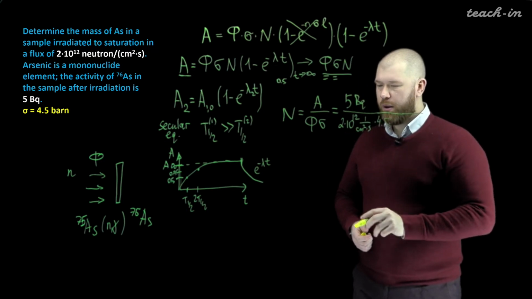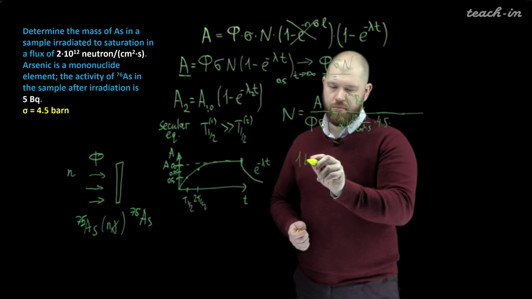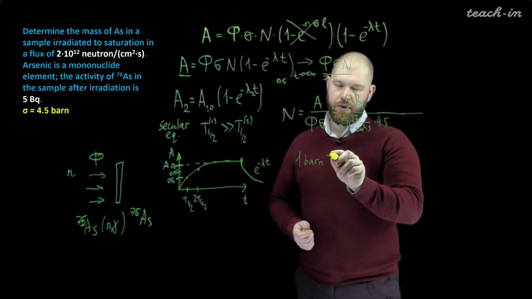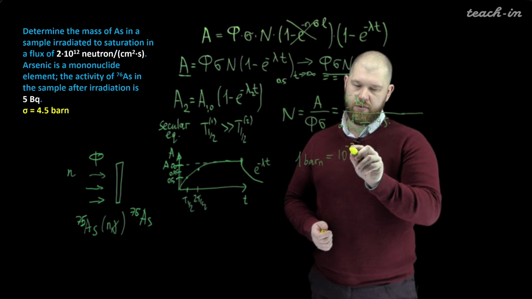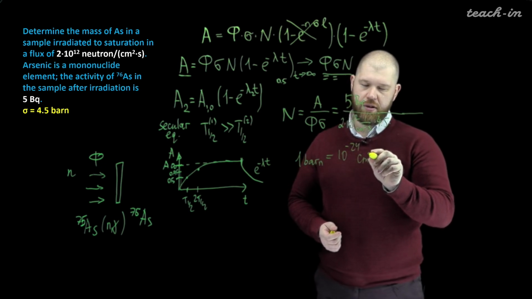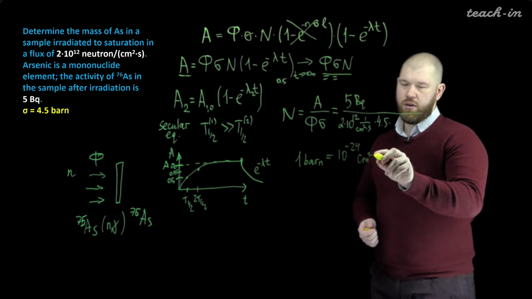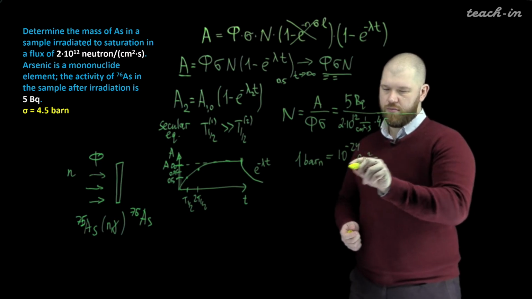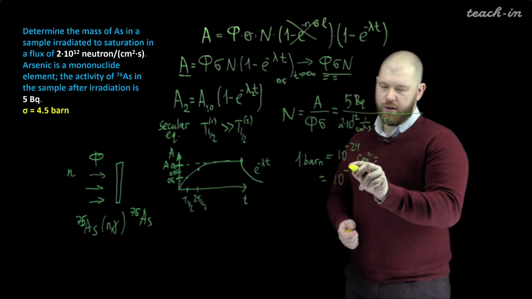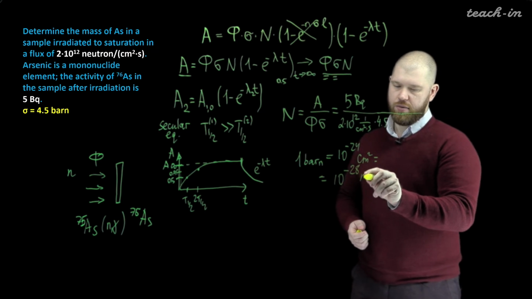And we remember that 1 barn is equal to 10 to minus 24 squared centimeters, or 10 to minus 28 squared meters.